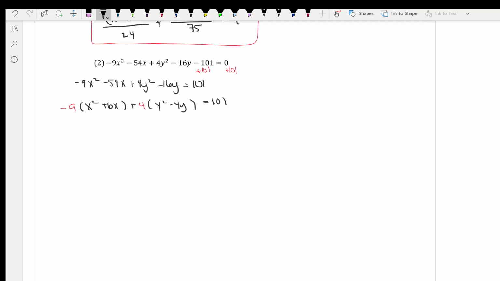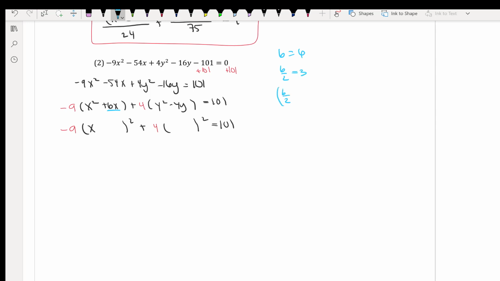Okay, so let's try this again. I'm going to have my negative 9, and I also have my positive 4, equal to my 101. In here, I'm going to be dealing with that x value. So this is my 6, so b is equal to 6. If I divide that by 2, that's 3.